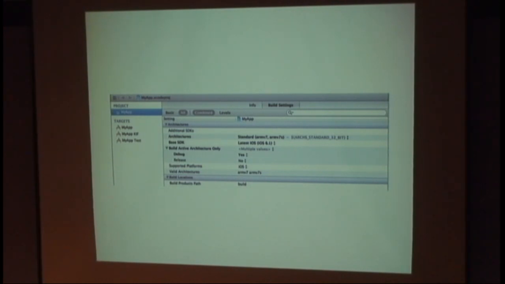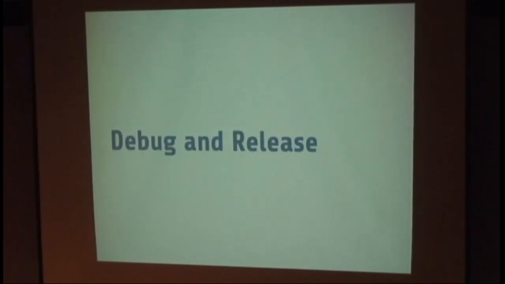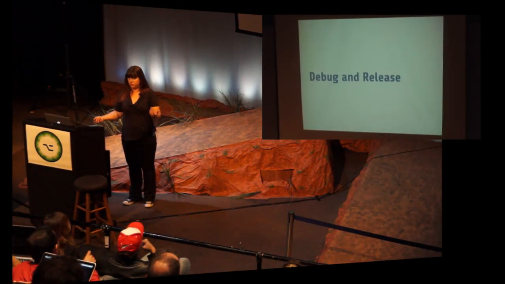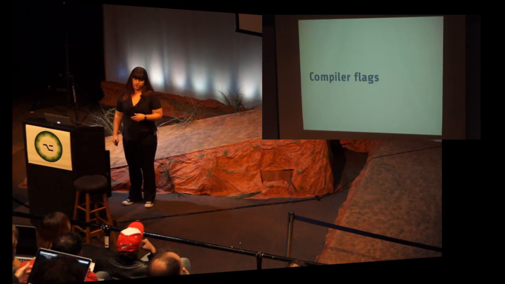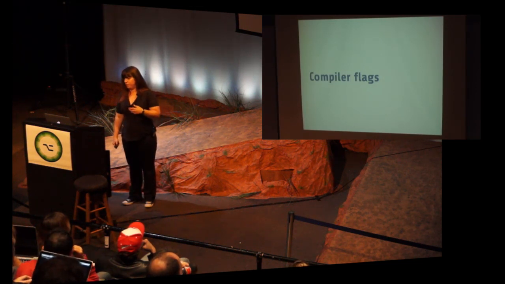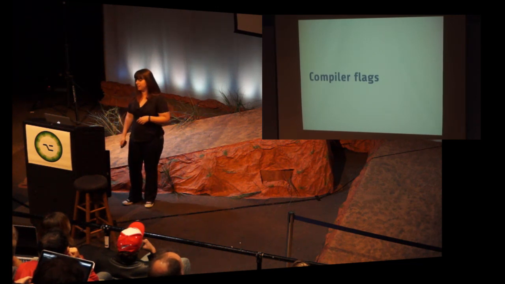Xcode has a bunch of standards that, unless you change them, won't actually show up here, which is why this is not 30,000 million lines long with all the different compiler flags. So you usually have debug and release build configurations, just like what Xcode creates for you automatically. This is also where all your compiler flags are stored, as I mentioned. But these are only what's different than what Xcode expects, the project flags.